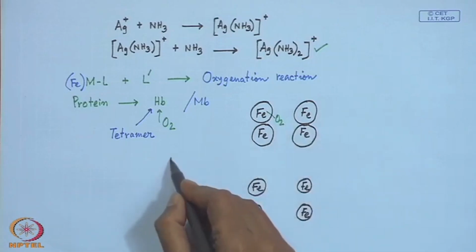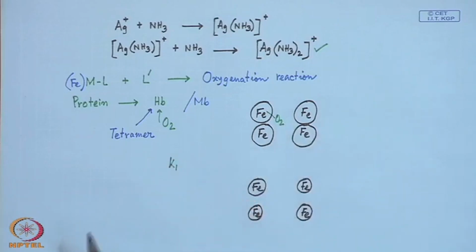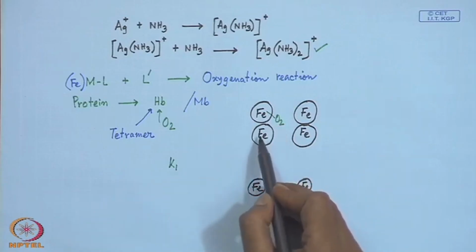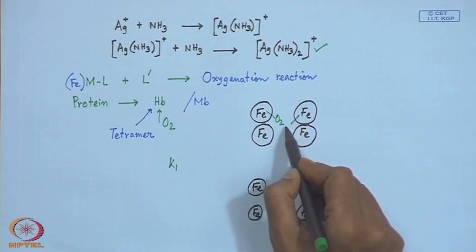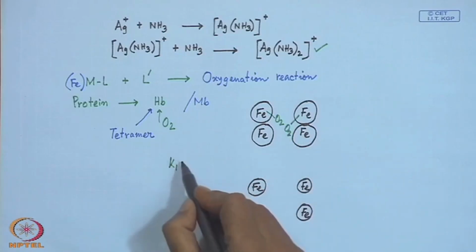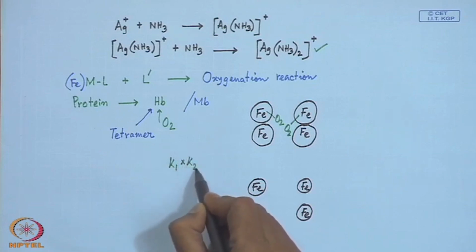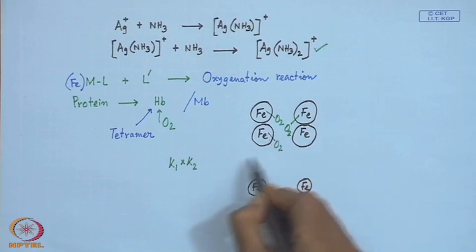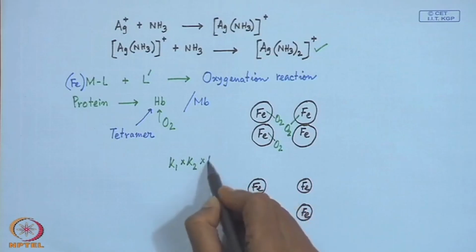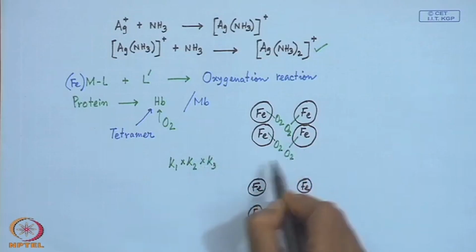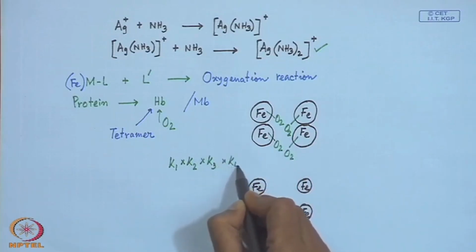So, we have the corresponding K1 value for the binding of the first O2 molecule to the first iron center, then the second O2 molecule to the second center, which will be K2, then the third one is to the third center, which is K3, and the fourth one, which will be the corresponding K4.